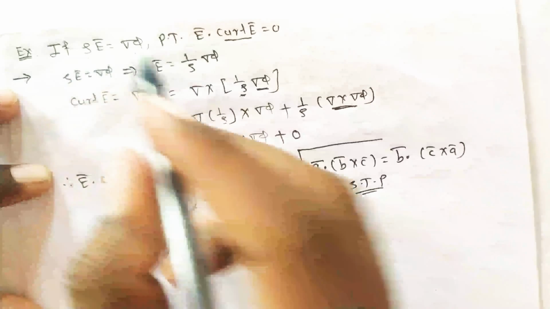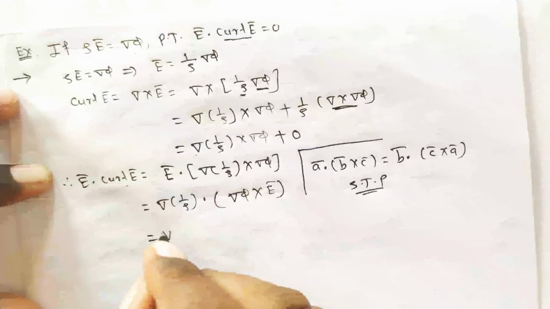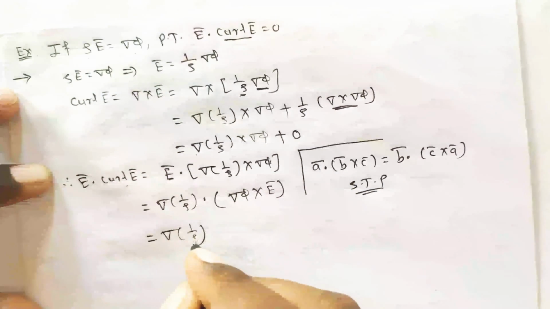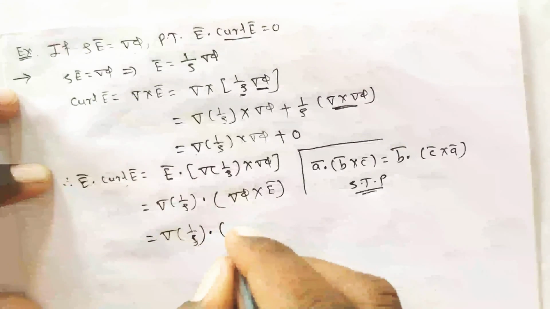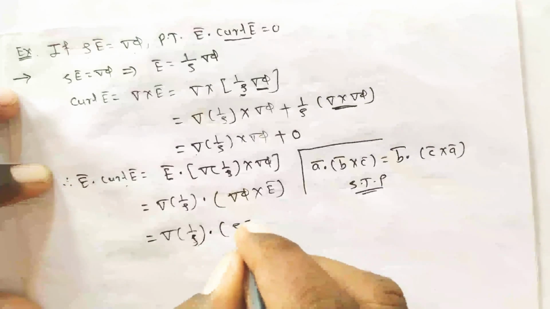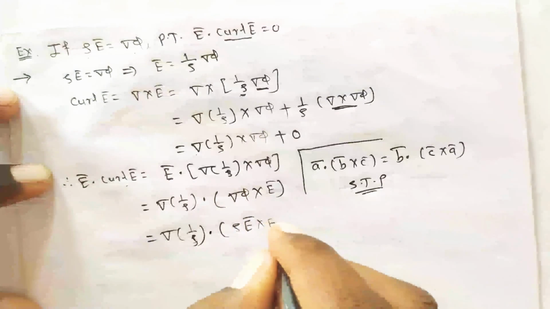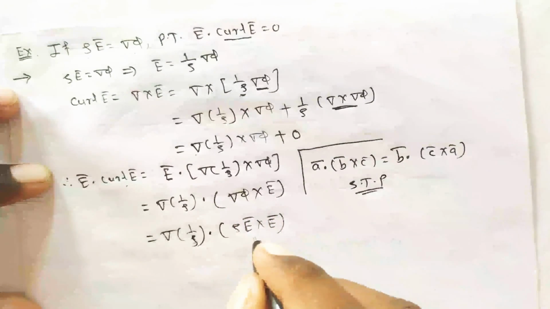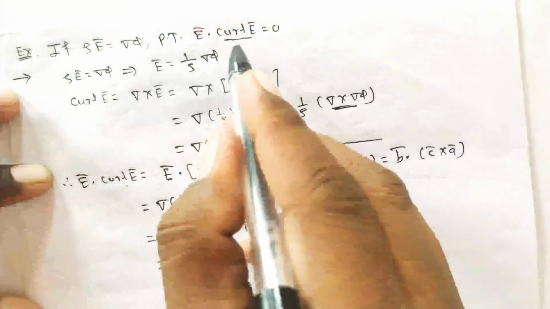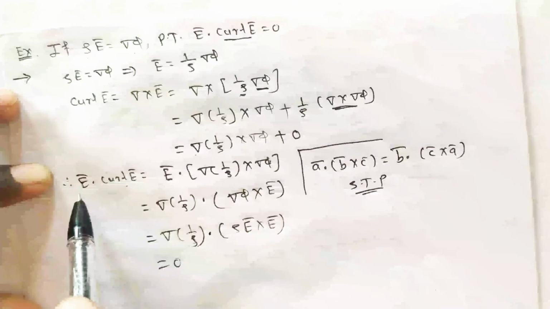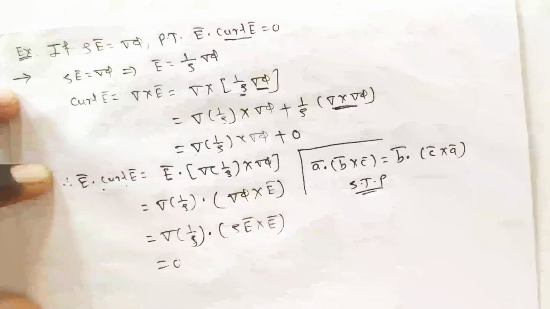Del phi is equal to rho e bar, as given in the problem. So this is equal to del of 1 by rho dot rho e bar cross e bar, and e bar cross e bar is 0. So this equals 0. This proves the given result, that e bar dot curl of e bar equals 0.